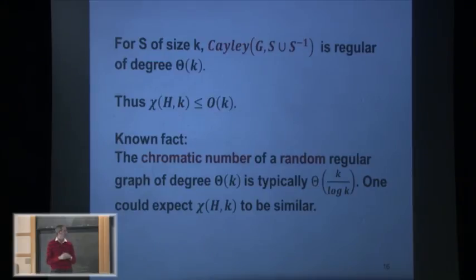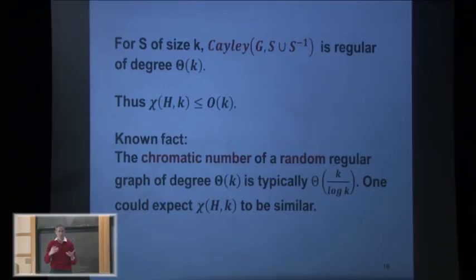So this was what Avi asked or mentioned at the beginning, to compare it to just random regular graphs, because of course the Cayley graph of G with respect to S union S inverse is always a regular graph. And it's a regular graph of degree, well, the degree is the cardinality of S union S inverse, but we don't know exactly what the cardinality of this set is, right?